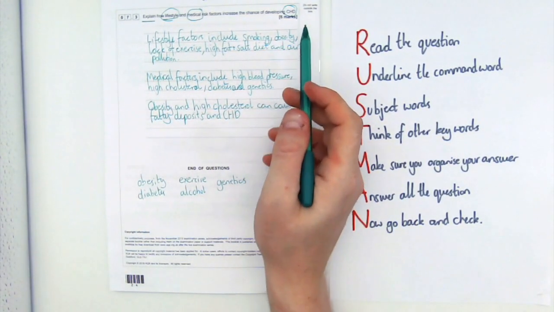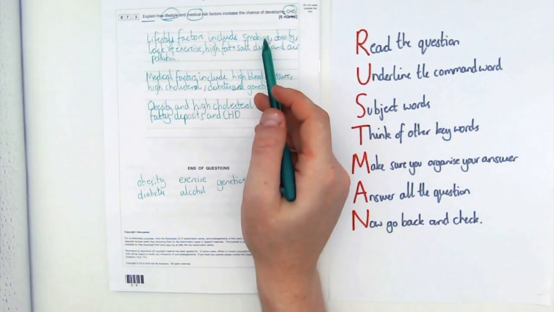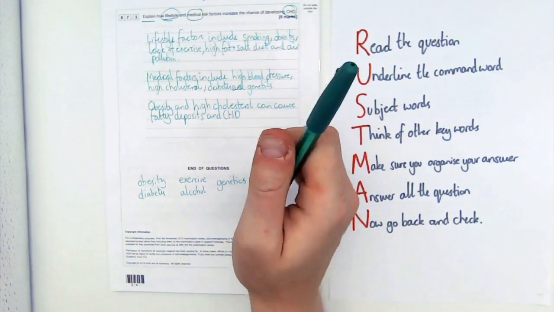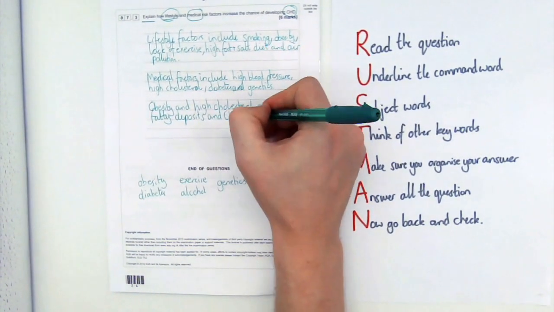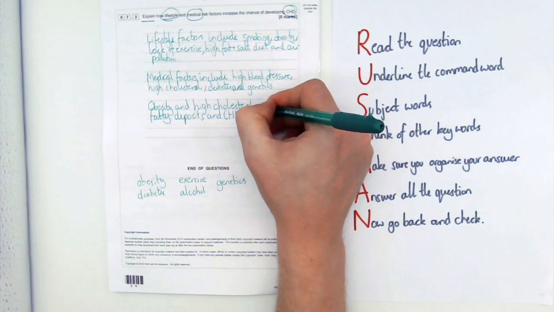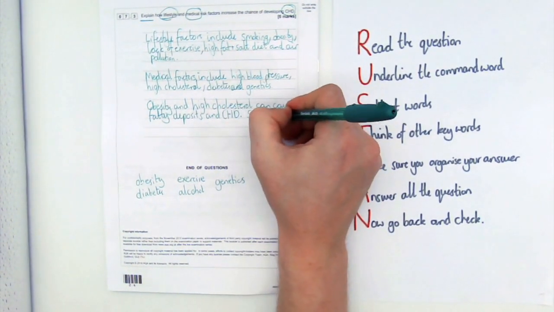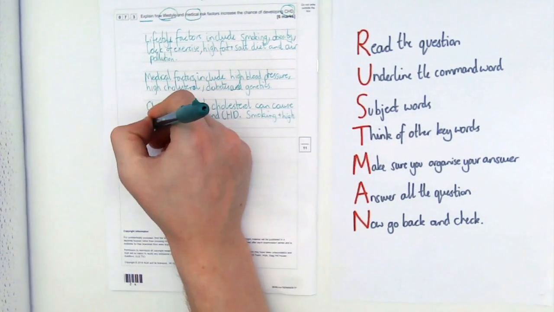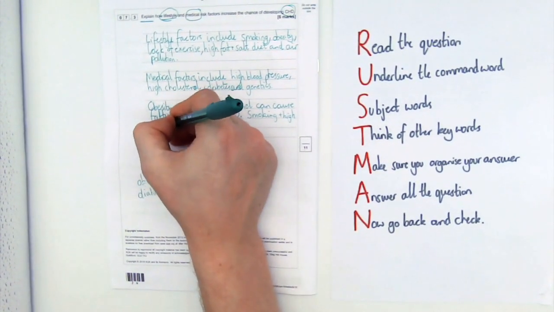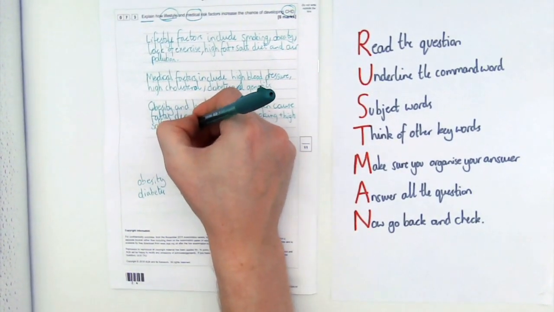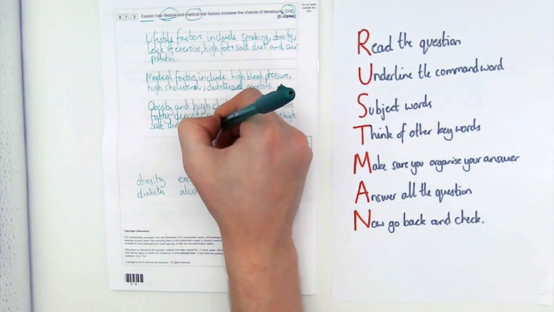Things like smoking and high blood pressure. So smoking, and actually we're going to go with high salt diet can cause high blood pressure.